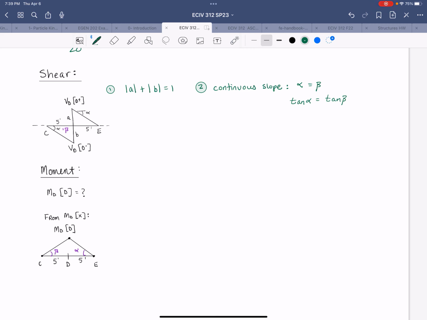All right, the tangent of alpha would be A over 5 in this case. And the tangent of beta would be B over 5.